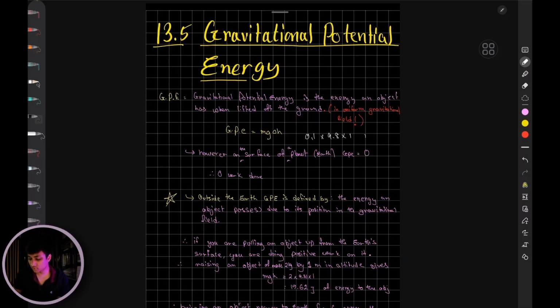It's supposed to give you 0.98 joules of energy. What this tells you is the pen has gained 0.98 joules of energy as its potential energy.